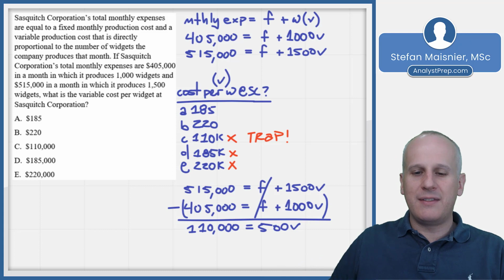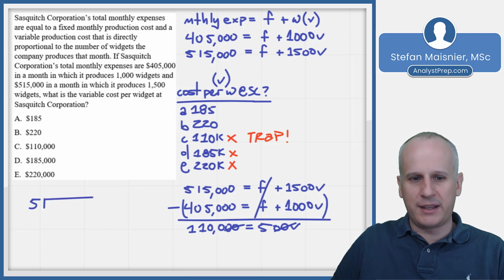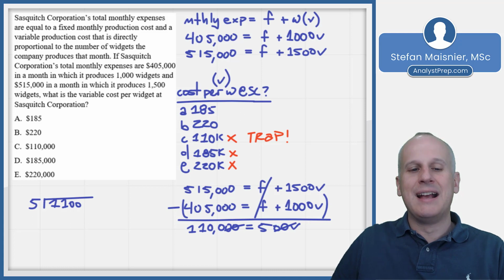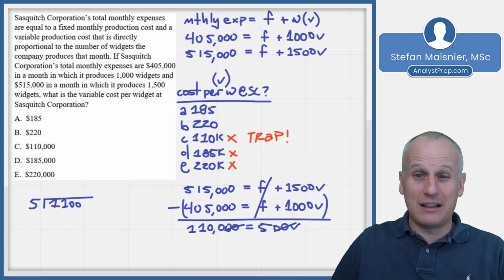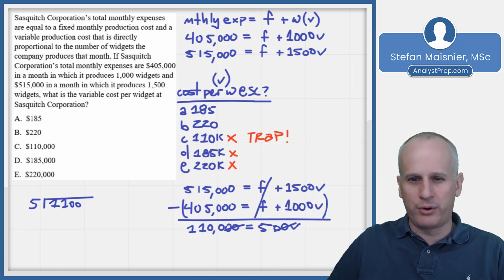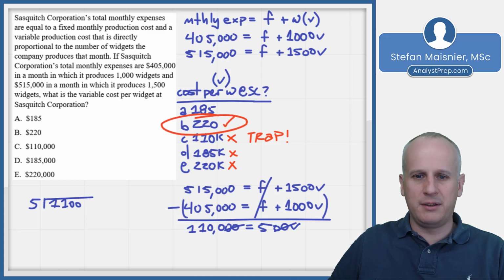So then I can cancel out the zeros, at least two of them, immediately. And I'm looking at 5 going into 1100 at this point. Looking at my answer choices, logically, 5 is going to go into anything over 1,000 some number more than 200 times. So it has to be this one.